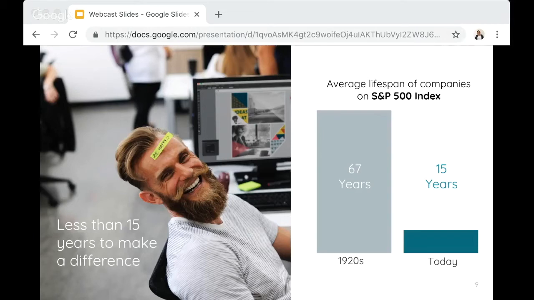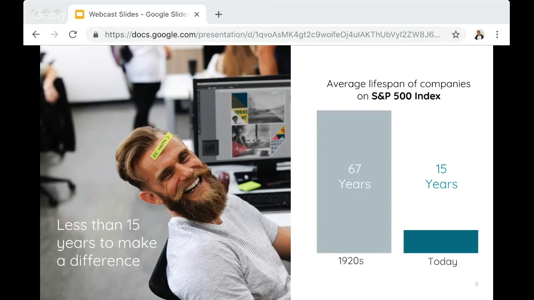Meaning if I was a company, say Coca-Cola, and I was on the S&P 500 in the 1920s, I could expect to stay on that index for the next almost 7 decades. However, when you look at companies on the S&P 500 today, he found that on average, they could expect to stay on the index for only another 15 years.